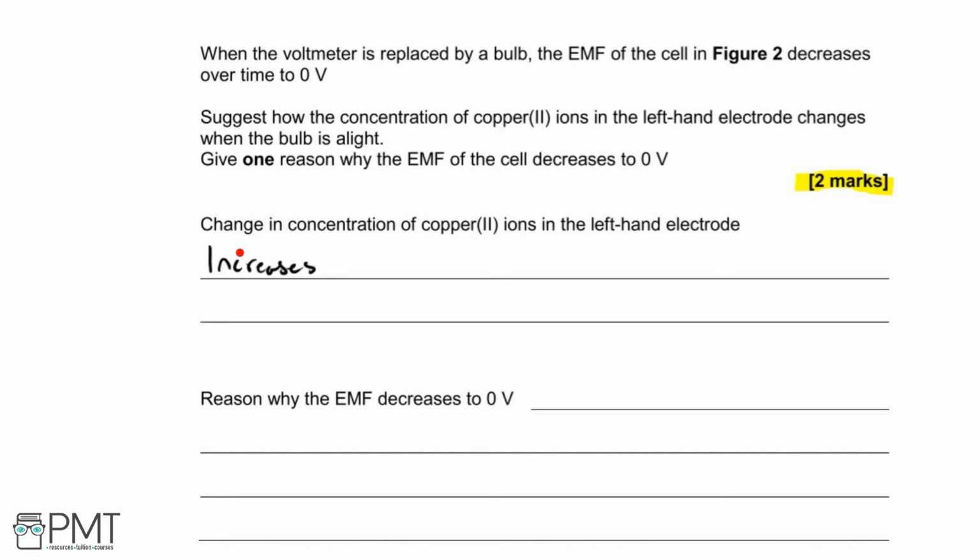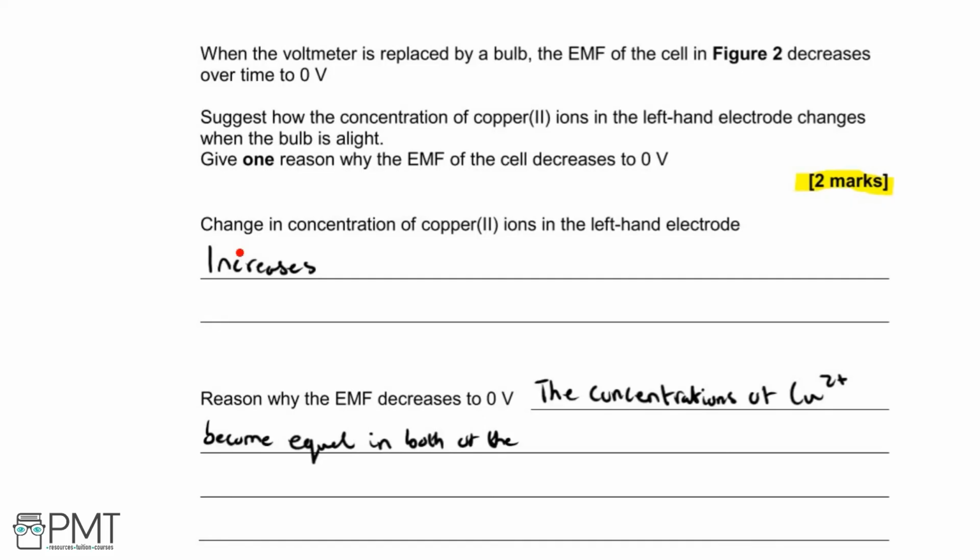And this actually gives us the reason why the EMF decreases to 0 volts. Because over time, as the concentration of copper-2 ions in the left-hand electrode increases, eventually the concentrations of our copper 2 plus ions are going to become equal in both of the half cells.